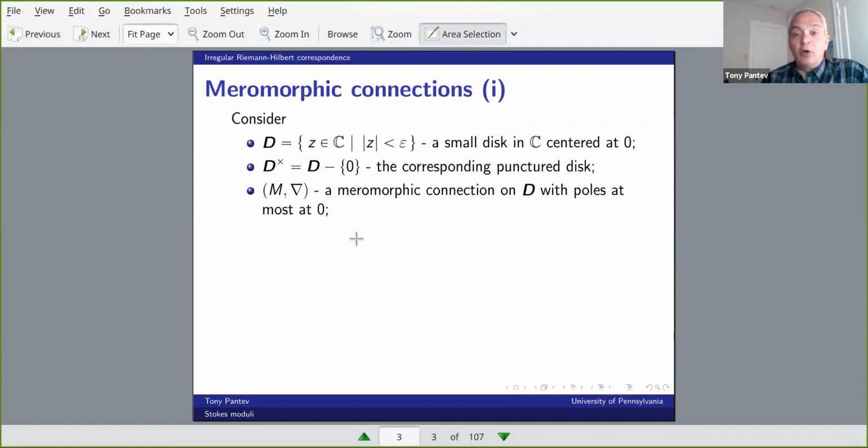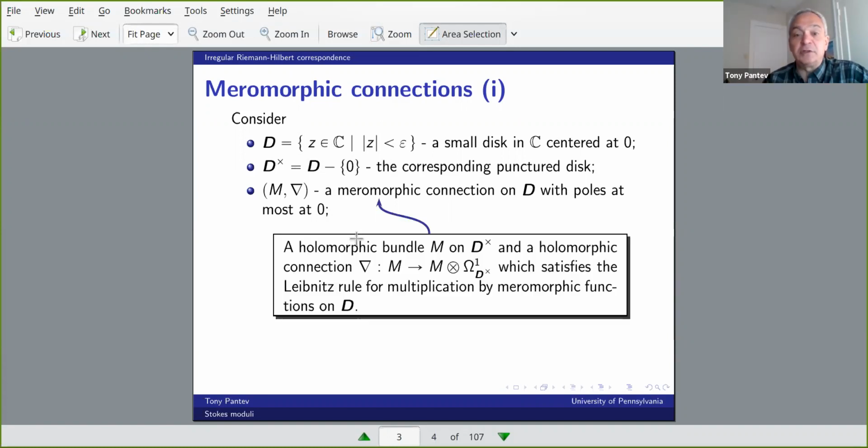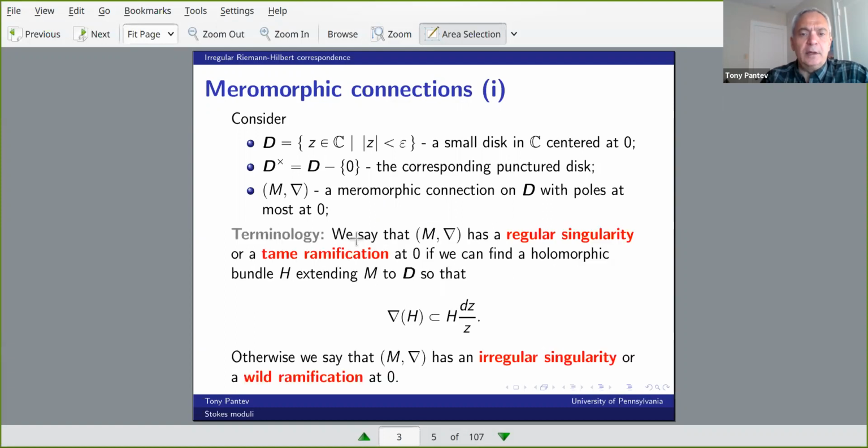Now a meromorphic connection on the disk with poles at 0 will be just a holomorphic bundle on the punctured disk and a holomorphic connection on that bundle on the punctured disk, but we'll put the condition that it satisfies the Leibniz rule for multiplication by meromorphic functions on the whole disk. So that's the same as saying that the bundle extends to a holomorphic bundle on the whole disk, and the connection differentiates and gives you only finite order poles. And it doesn't matter which extension you take.